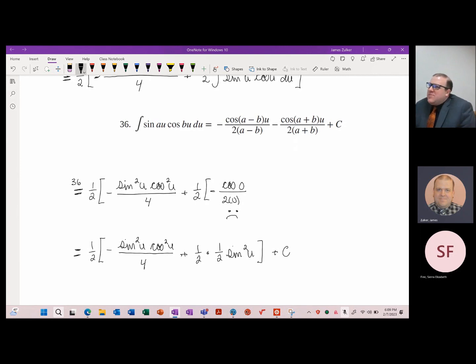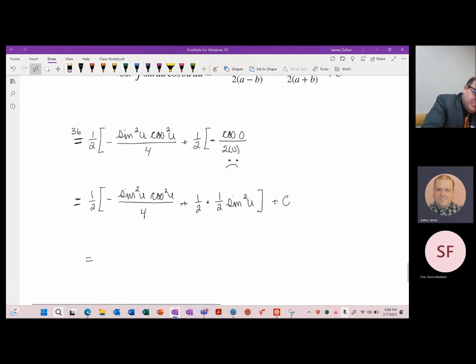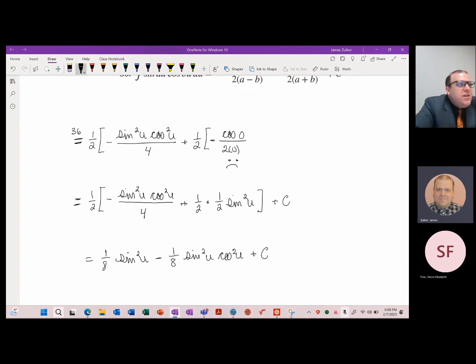So the antiderivative is just 1/2 sine squared. We got 1/8 sine squared minus 1/8 sine squared times cosine squared, plus a constant.